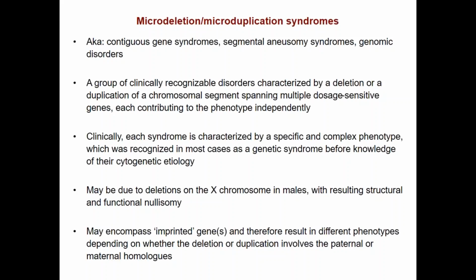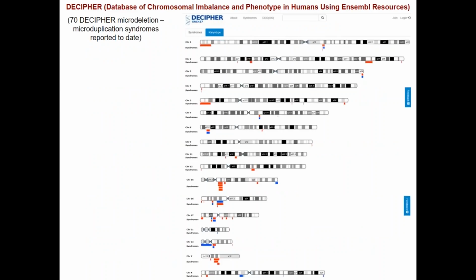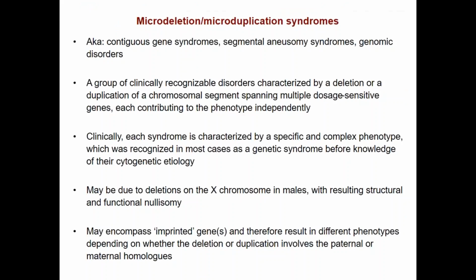So for example, the same deletion on chromosome 15 can produce either Prader-Willi syndrome or Angelman syndrome. If it's on the paternal homologue of chromosome 15, it will produce Prader-Willi syndrome. If it's on the maternal copy of chromosome 15, it will produce Angelman syndrome, because the genes within this region have expression that varies depending on whether the chromosome is paternal or maternal.